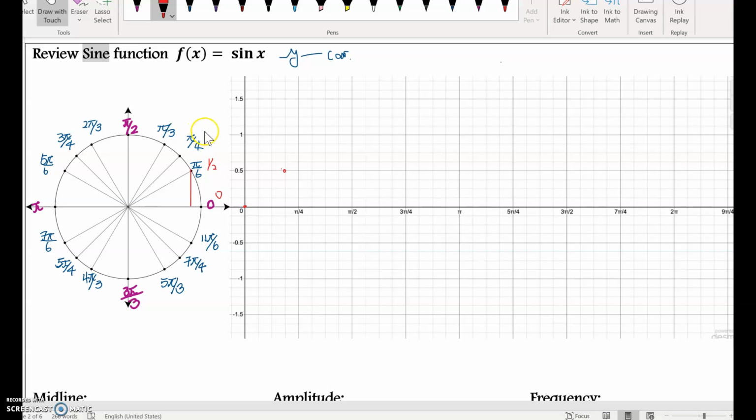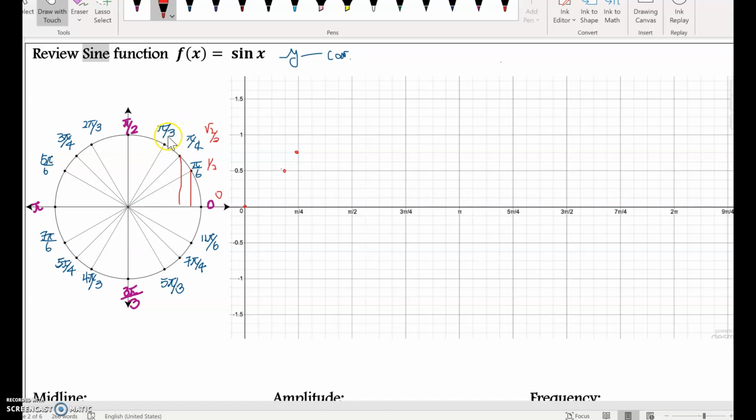At 45 degrees, which is over here, we know that it's radical 2 over 2. And that's the vertical distance, how far up on the unit circle. So we just go horizontally this way, and it seems to be somewhere over here. I'm going to put a dot there.